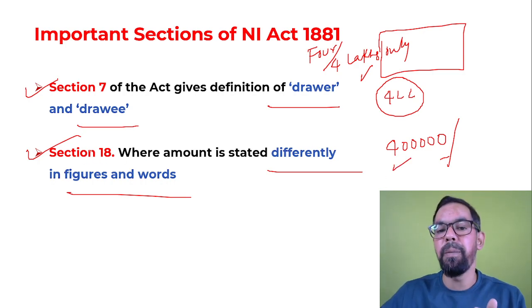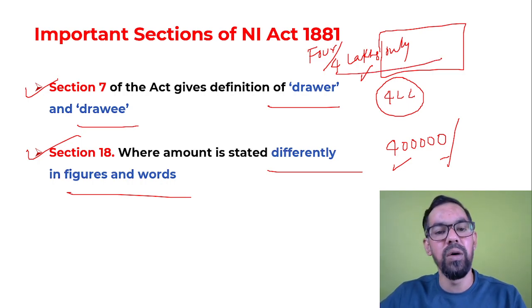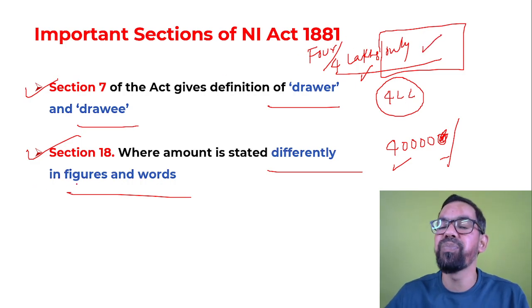And if there is some mismatch in these, let's say you mention 4 lakh only in words and in the figures you miss one zero, this will be considered, and this is defined under Section 18.